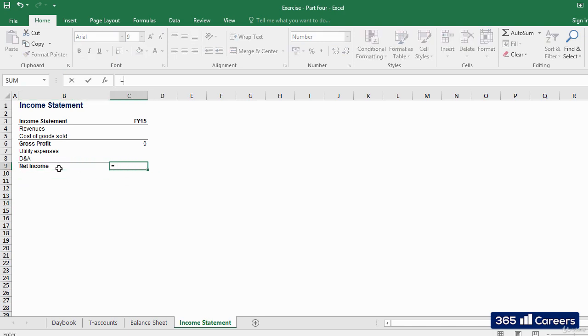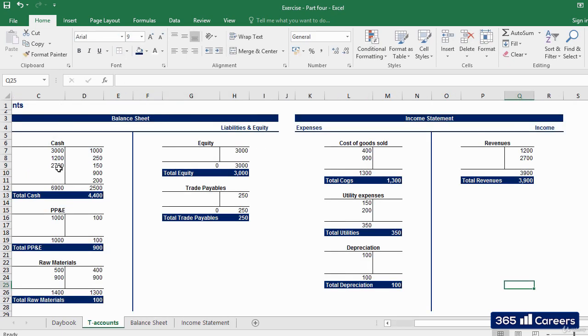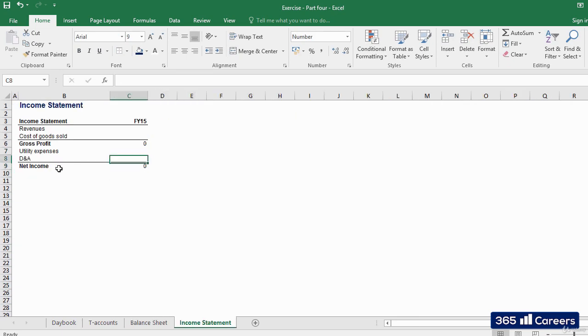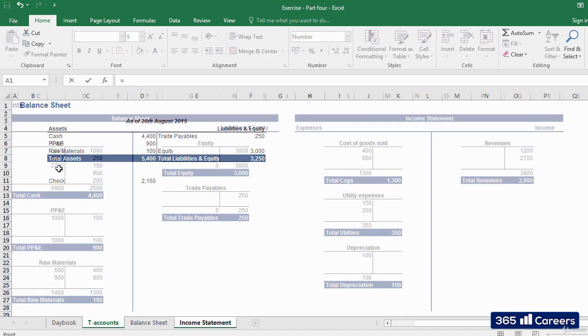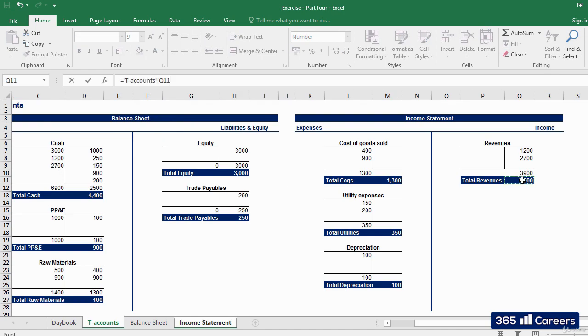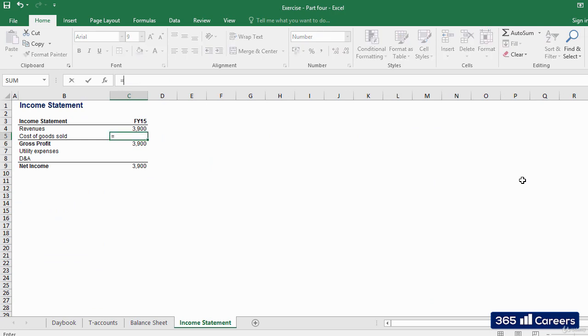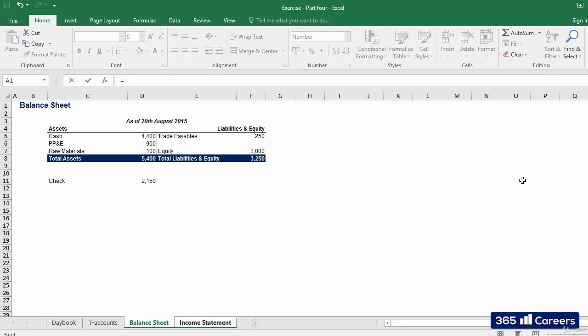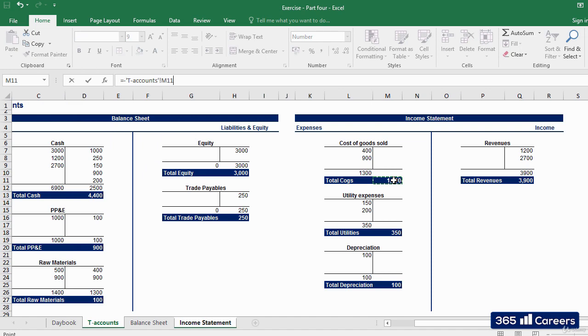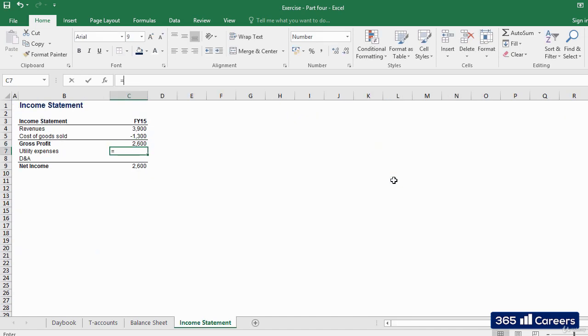Okay, very well. Let's include the figures that we have in our T accounts. For the sake of clarity, we will include revenues with a positive sign and costs with a negative sign. That is why I'll have to place a negative sign in front of costs.